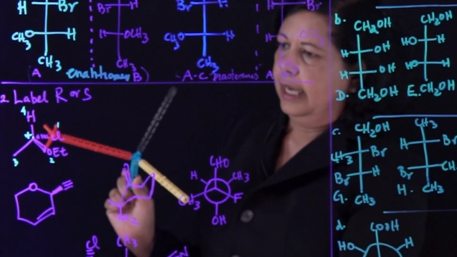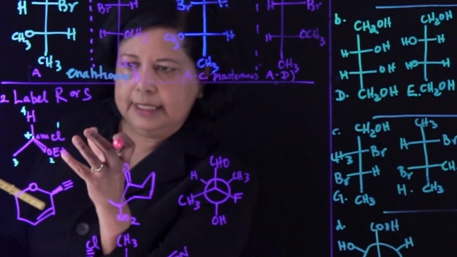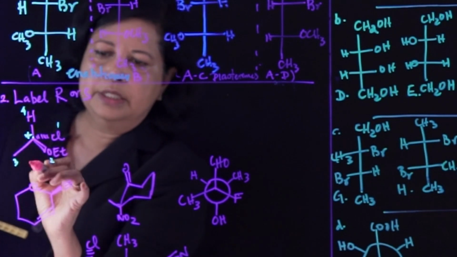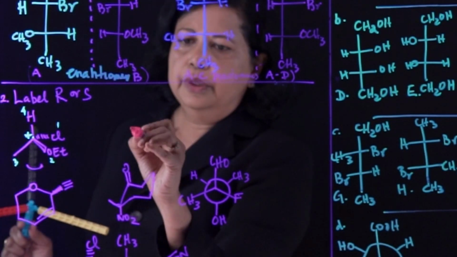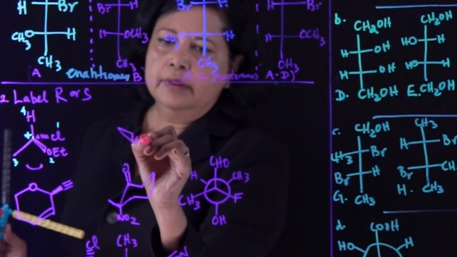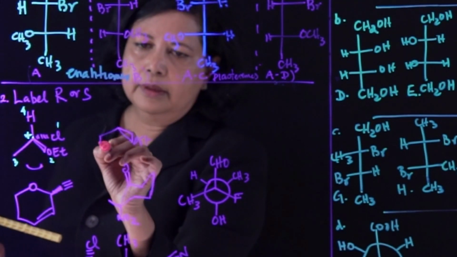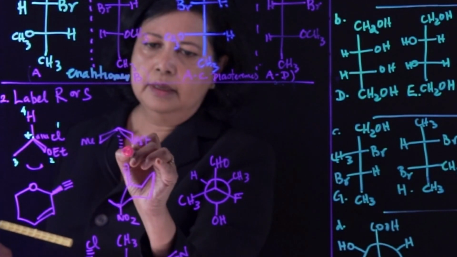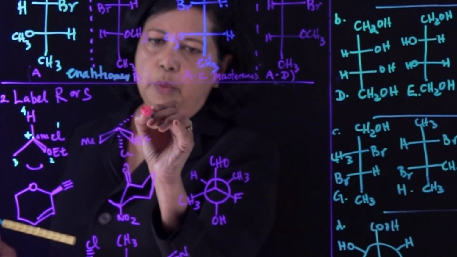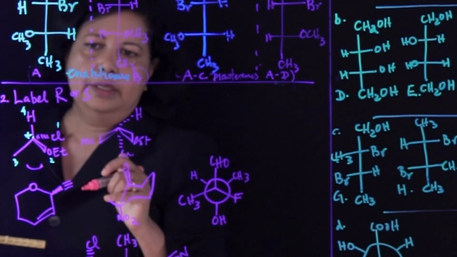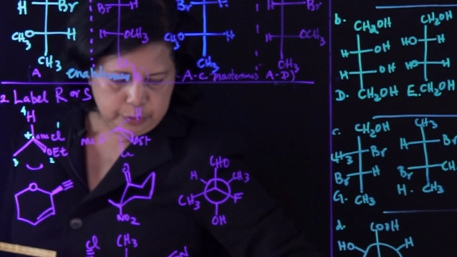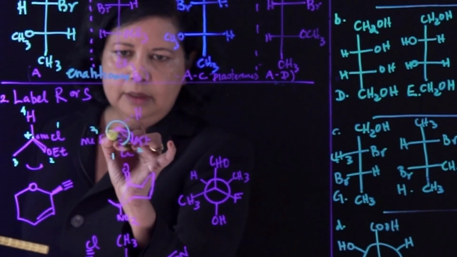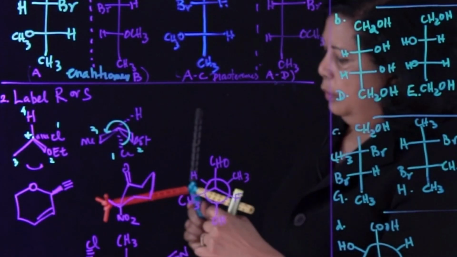So you rotate this a little bit and put it so that it's up. So when you rotate this a little bit, you're going to get OEt and methyl coming at you, and then chlorine and hydrogen will be away. Then you can do 1, 2, 3 like this, counterclockwise, hydrogen away from you.